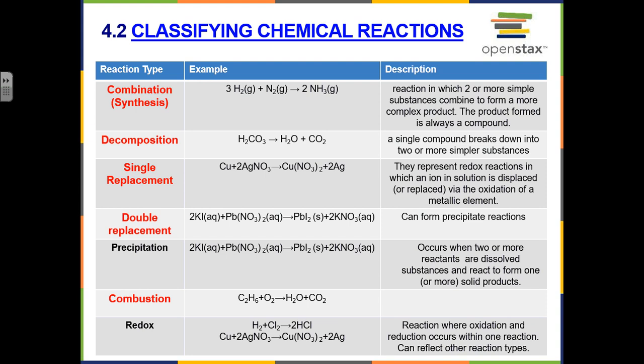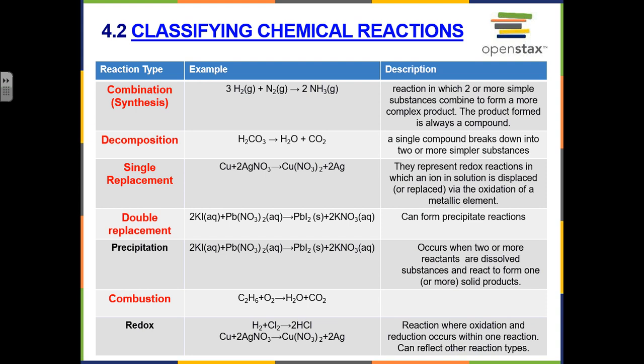This reaction breaks down via the presence of oxygen. Now, lastly, we have a redox reaction, which is one in which oxidation occurs and reduction occurs. We have talked about the process of oxidation and reduction in the previous presentation, so if you want more information, you're encouraged to look at that presentation.